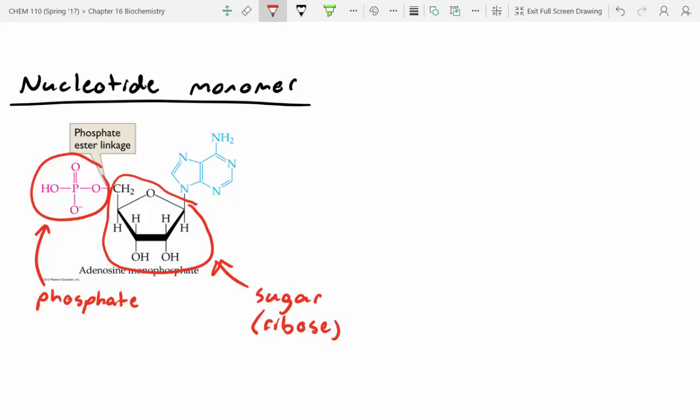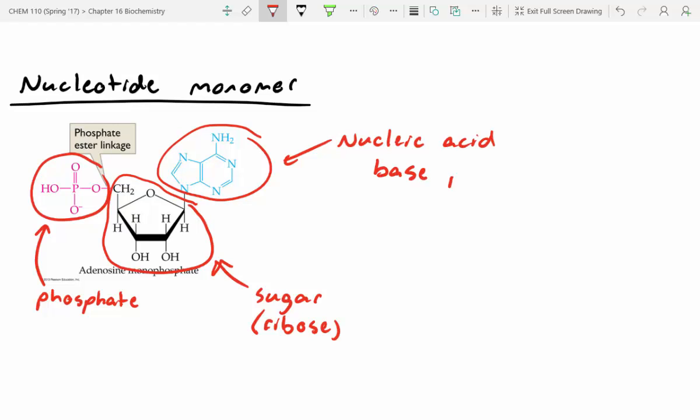And then over here, we've got this other cyclic structure with a bunch of nitrogens in it. This is called our nucleic acid base. Or I'll just call it a base.